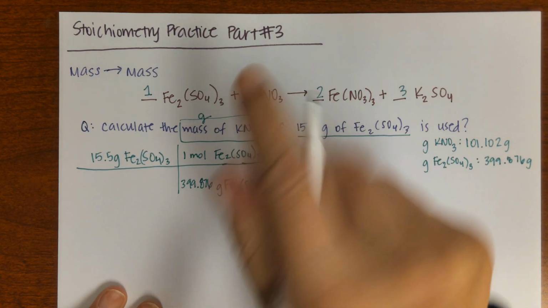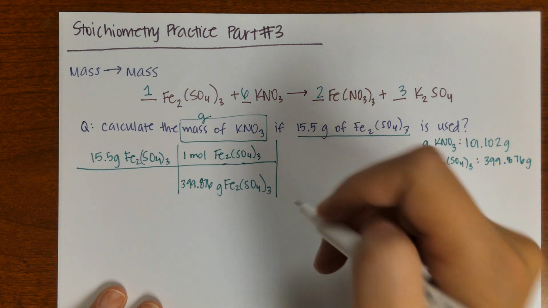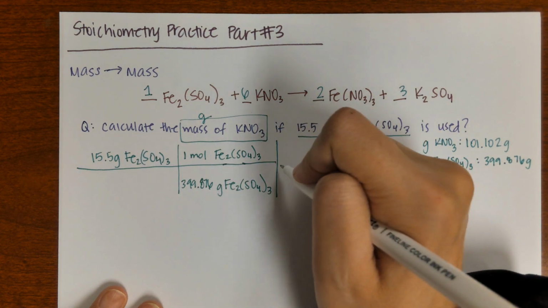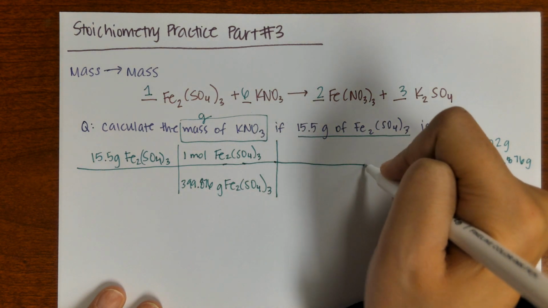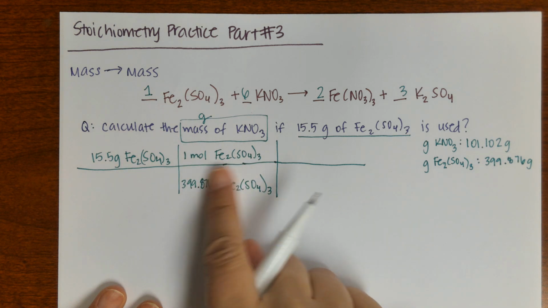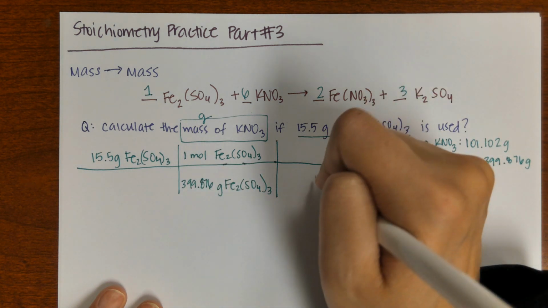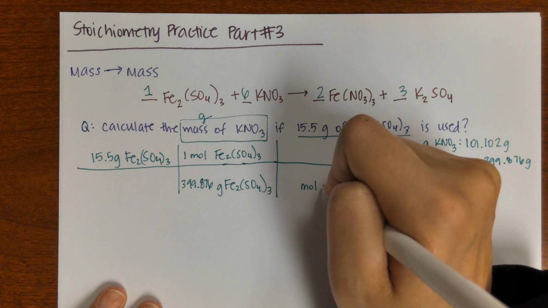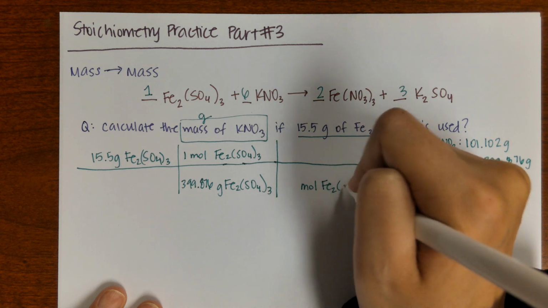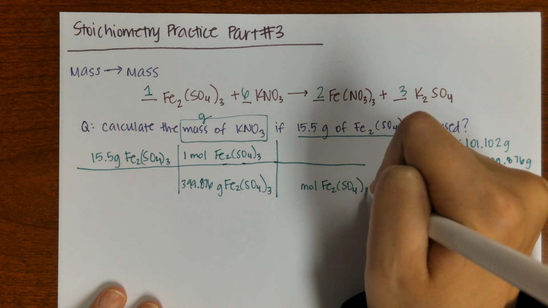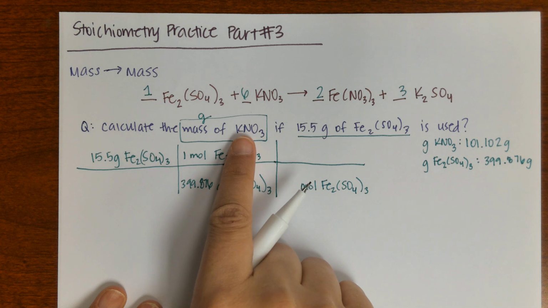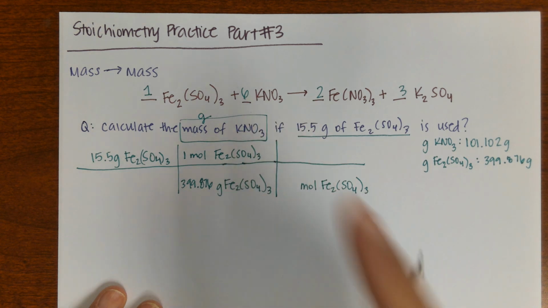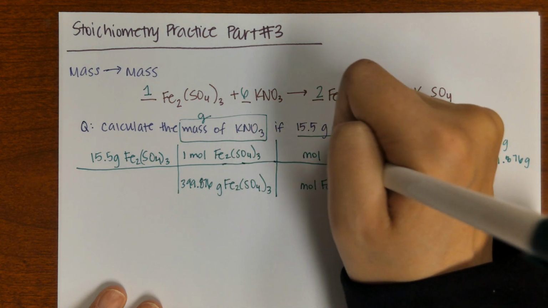Now that we've converted to moles, we're going to go through the mole ratio so that I can get to KNO3. Mole of iron 3 sulfate goes here, and since I want potassium nitrate, I'm going to put that up here, going through the mole ratio.